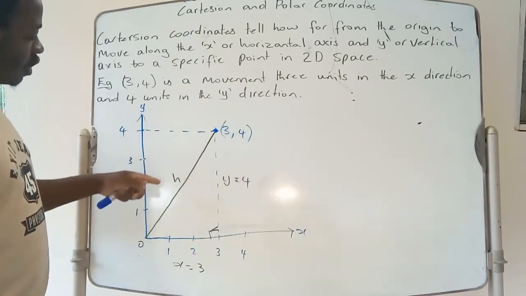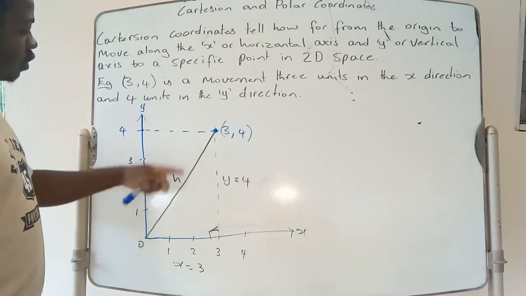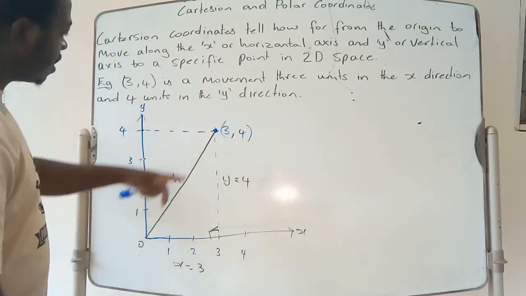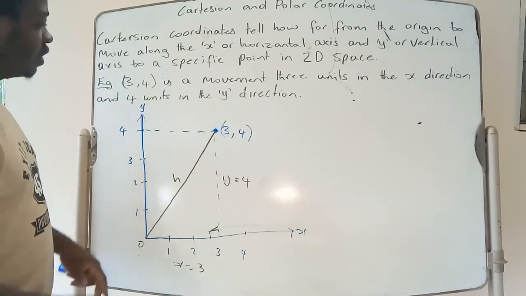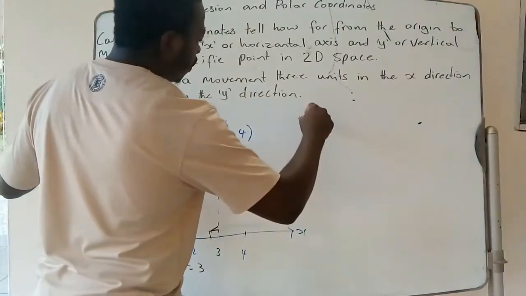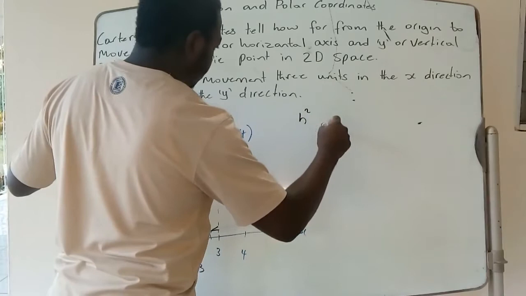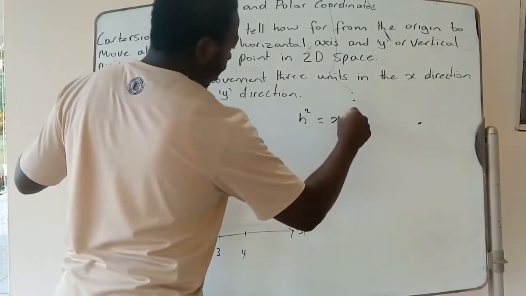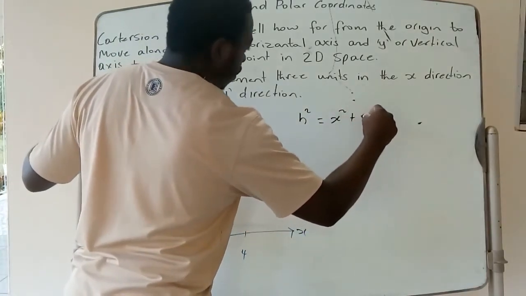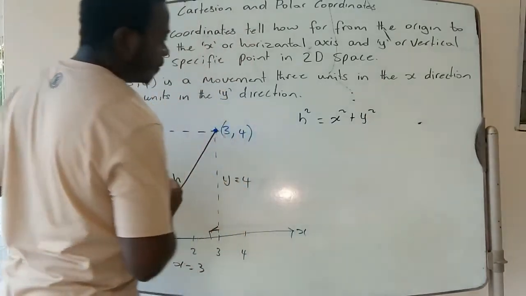By Pythagoras' theorem, we could use his theorem to determine what h is, because h here would represent the hypotenuse. So this is just h squared is equal to x squared plus y squared, right?